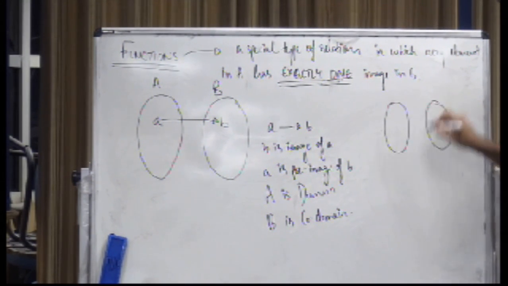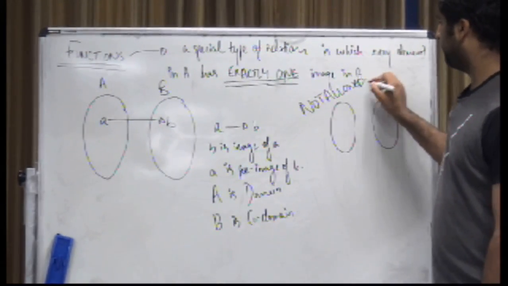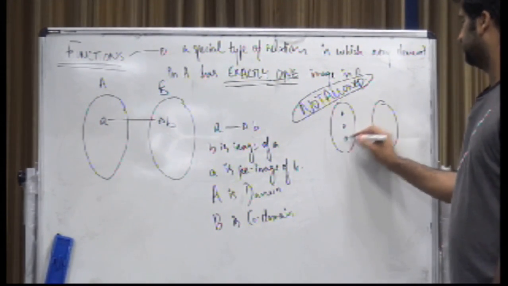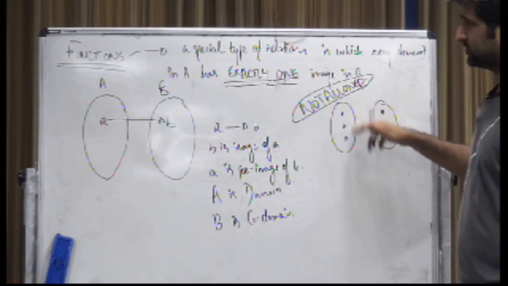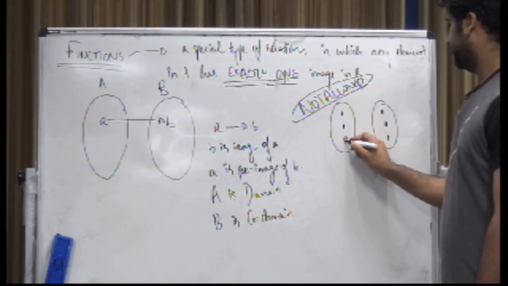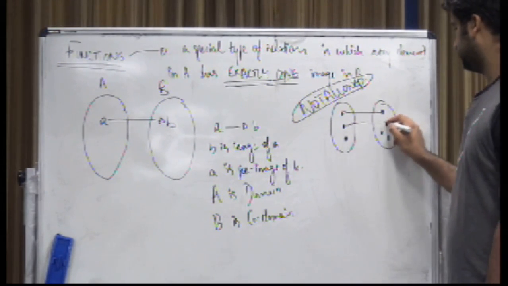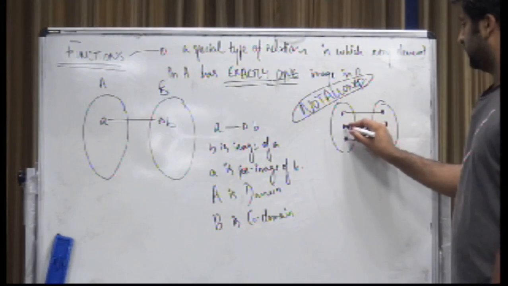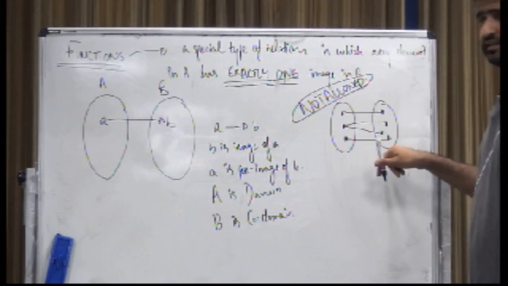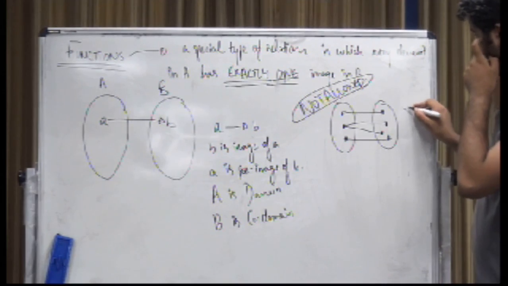So what are the things that are not allowed? So let's make some mappings which are not allowed here. Are you able to see these dots? Yes. So let's suppose you are making the mapping like this. This is not allowed because in this case one element of A has two images, but we are saying that it has exactly one image in B. So therefore this one is not allowed.